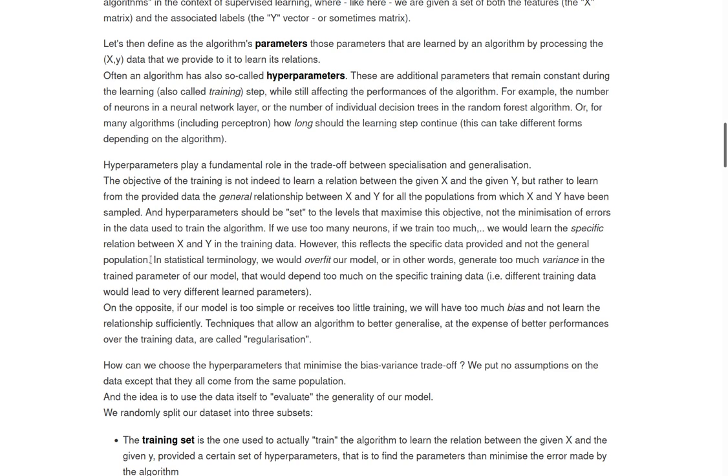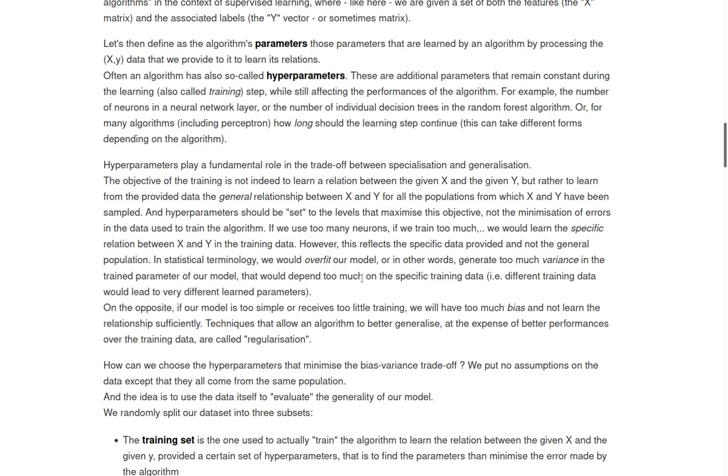And this concept is exactly the same as in statistics, where we speak about overfitting of the model. That is, it generates too much variance in the parameters of the model, because the parameters will depend on the specific x and y that we provide to the algorithm.